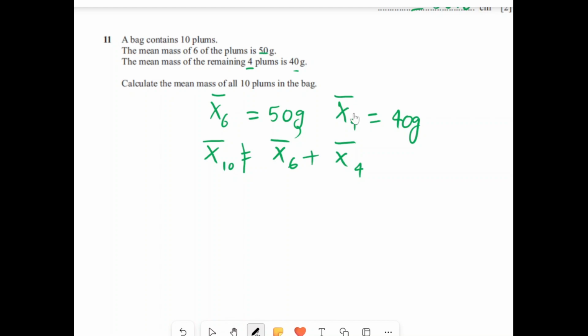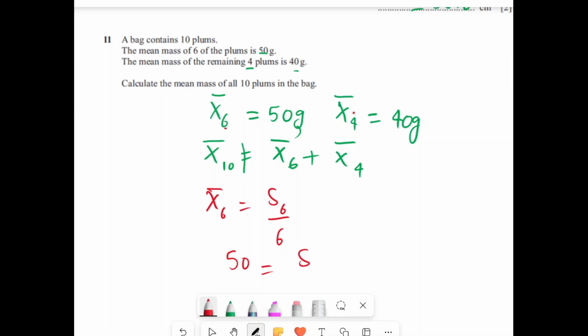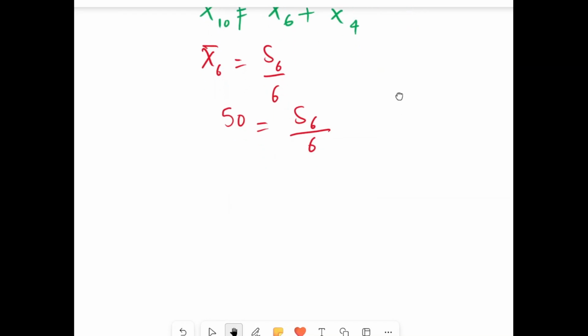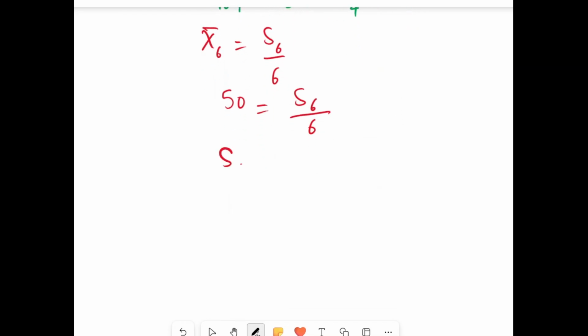How? Mean masses are given to us, so we can calculate the sum of masses of 6 plums from there. The mean mass of 6 plums is equal to the sum of masses of 6 plums over 6. So x6 is given as 50, and the sum of masses of 6 plums, S6, will be 50 times 6, that will be 300.